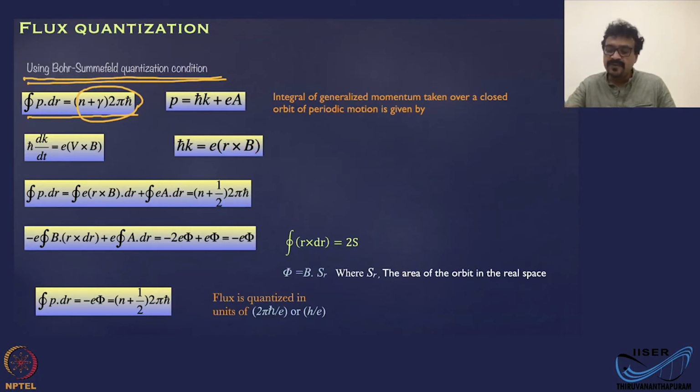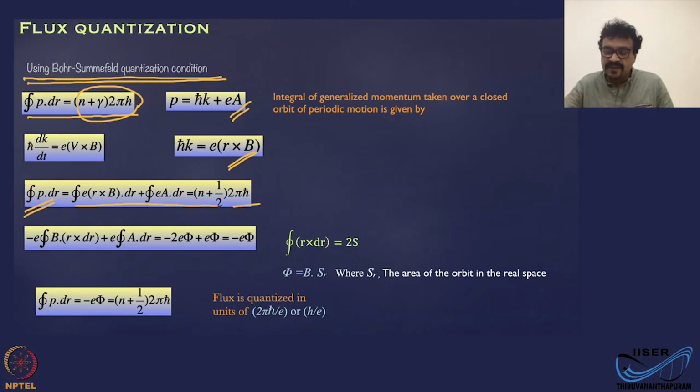Now you have this term here and you also have this term. Okay. When you substitute these two, this and this, for p in your Bohr-Sommerfeld quantization condition, you will get this equation. Okay.